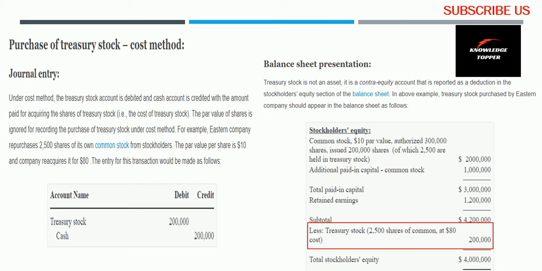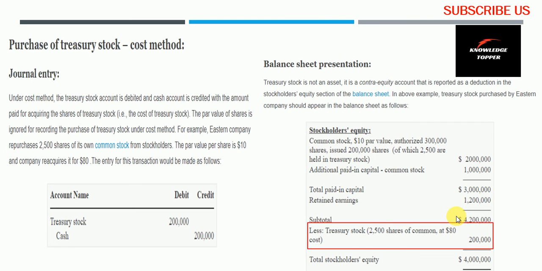You just write common stock details in your stockholders equity at first, then you move towards additional paid in capital, in short APIC. Then you total it, and we say that total is total paid in capital. Then you must include retained earnings, which in our example is 12 lakh.